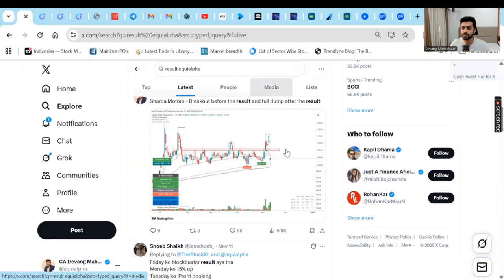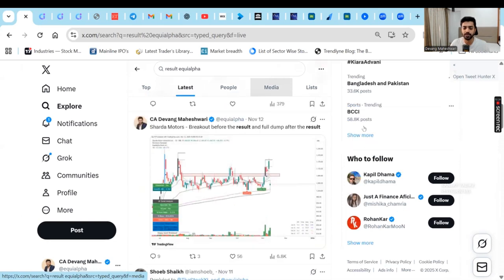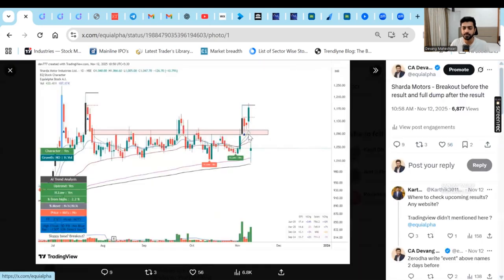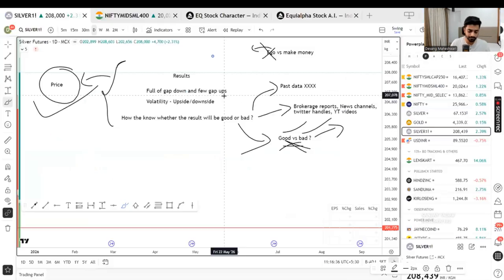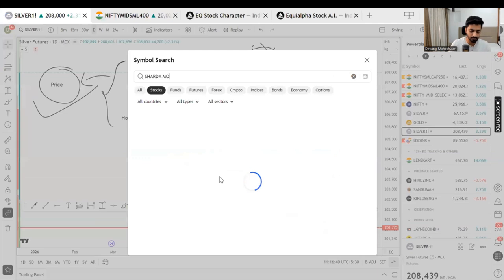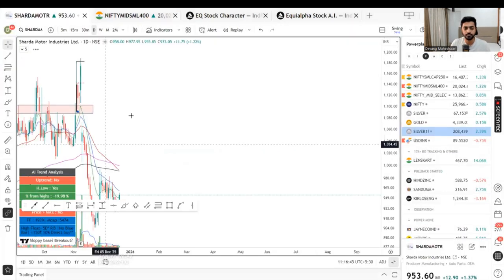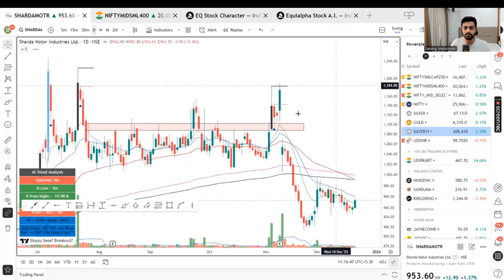Now look at this. This was recent, 12th of November, Sharda Motors. So this was the result day. I'll open the chart of this also. Look at this.